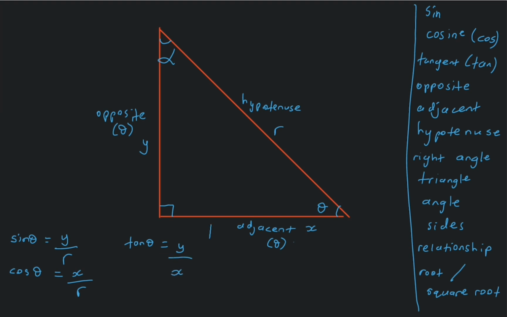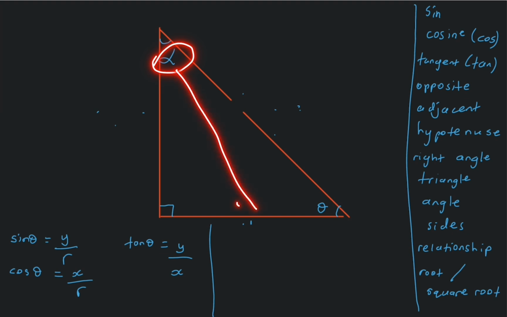Now let's look at alpha. In relation to alpha, this is alpha, this is the opposite side, and this is the adjacent side, okay?